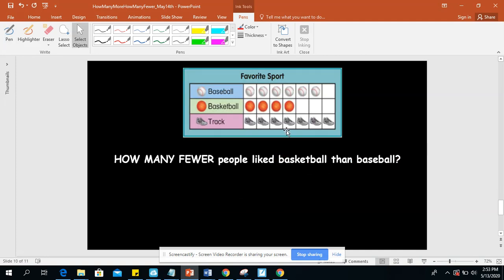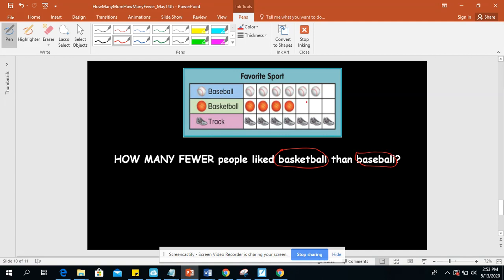Good work. Here's a picture graph, and we looked at the same picture graph yesterday. The question asks, how many fewer people liked basketball than baseball? So in this question, we are comparing people who like basketball to the people who liked baseball.